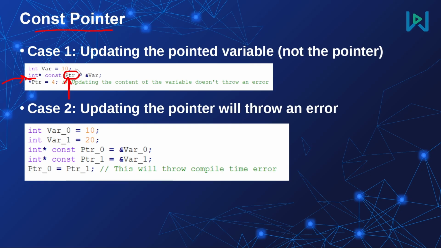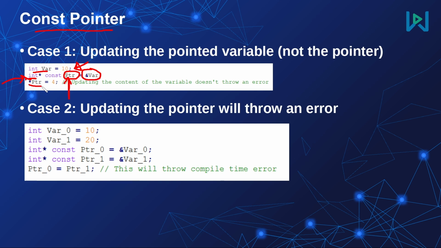Now, as first example, I have created this integer variable. Then in the next line, I have created a const pointer to an integer. Then initialized this pointer using the address of our previously created variable.